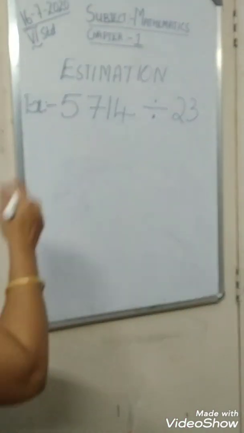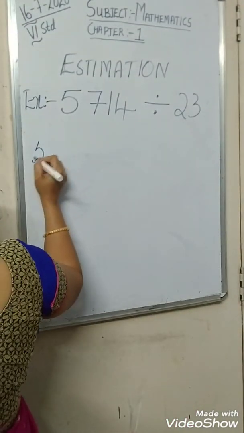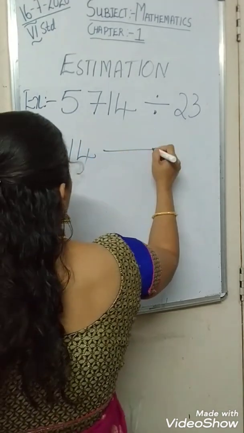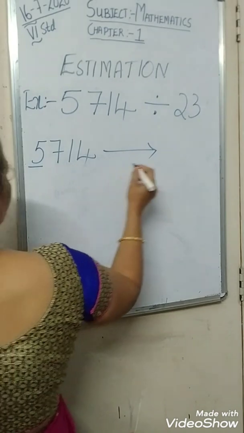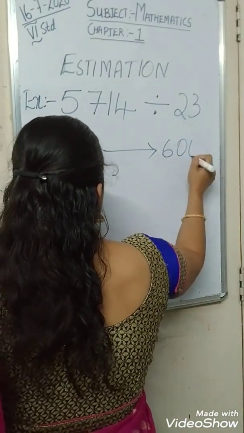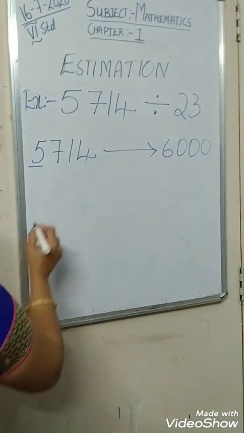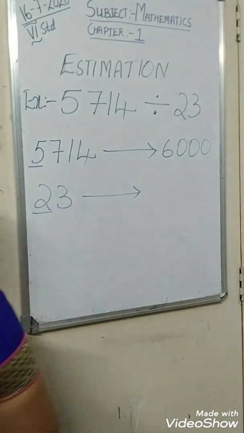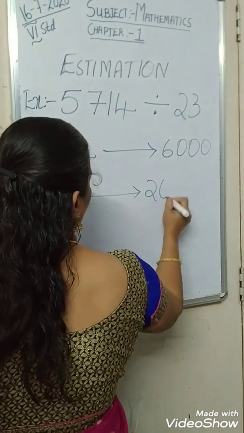Before division, we'll estimate. 5,714 can be estimated to 6,000 and 23 can be estimated to 20.